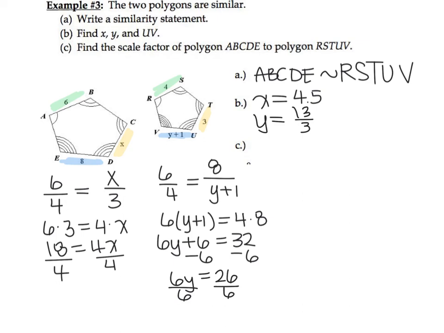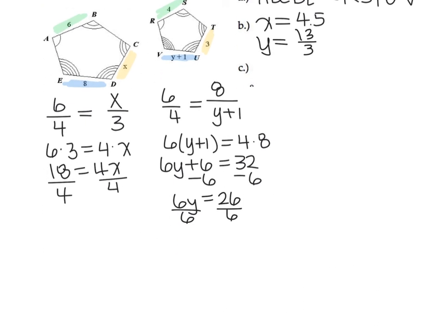The last part in B asks us to find the length of UV, which is only possible once you know Y, because UV is equal to Y plus 1. Well, we know Y is 13 over 3, so I want to do 13 over 3 plus 1. Anytime you're adding two fractions, they have to have common denominators.